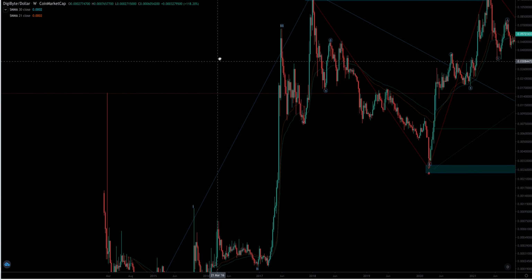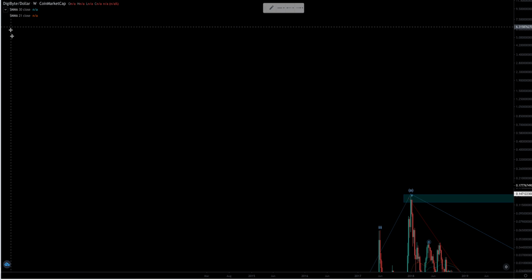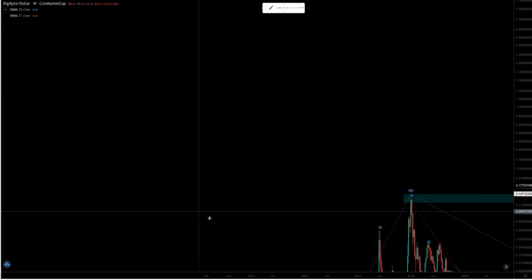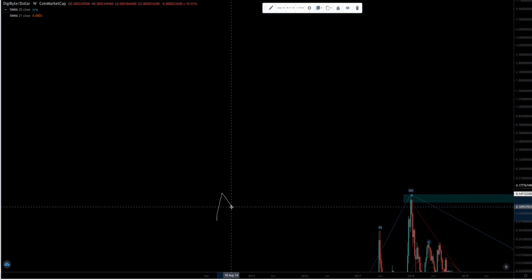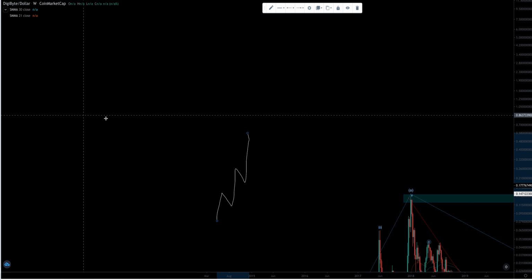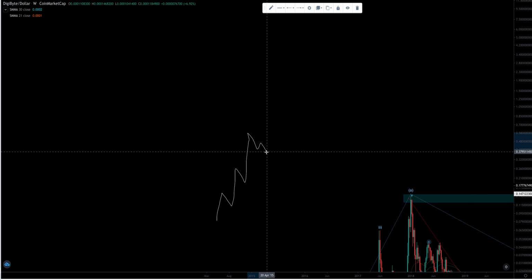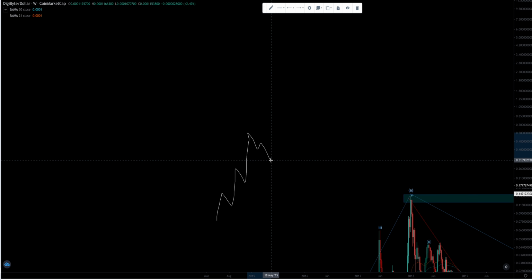So this is the algo structure, okay? You have your five wave move up, 1, 2, 3, 4, 5. So much euphoria here. And look, this is exactly what XRP is doing too. You have your 3-wave move down, okay? And then you form psychological support.